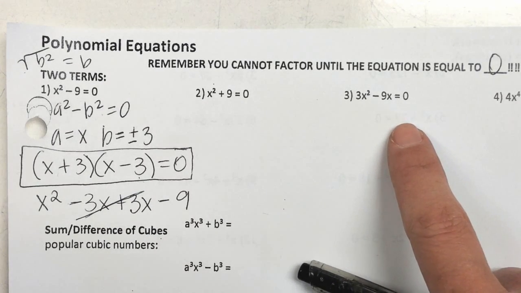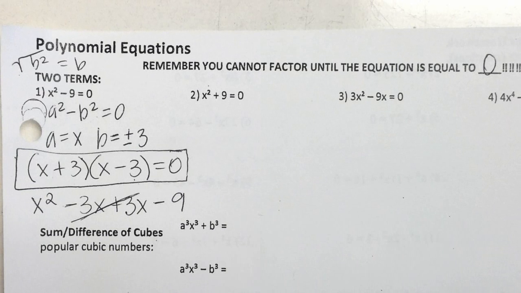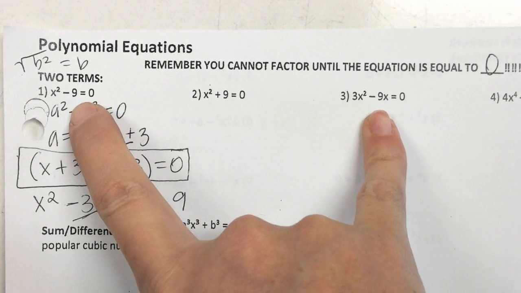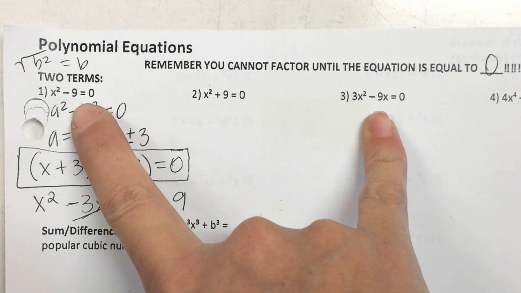Alright. So on number 3, could we take the square root of 3 and it be a pretty number? No, it would be irrational, right? So is there anything else we could do for this one to factor it? What do we notice about it? It has an exponent. What's the difference between these two? How are they different? 9 has an x, right?